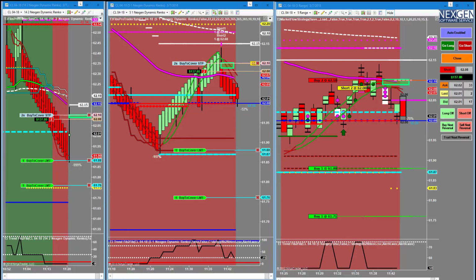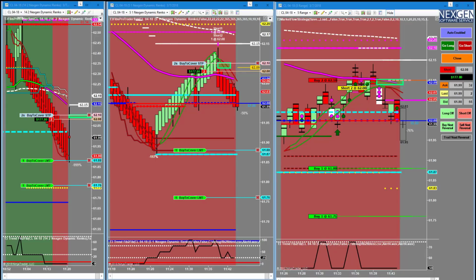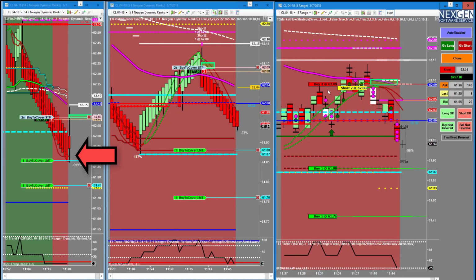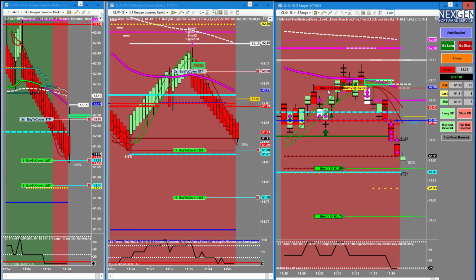And again, because of the overwhelming look and the super high probability look on our 14-2 chart, we don't want to mess around too much and give them any reason to come get us. We want to allow the market to work itself out and start working its way down to target areas.